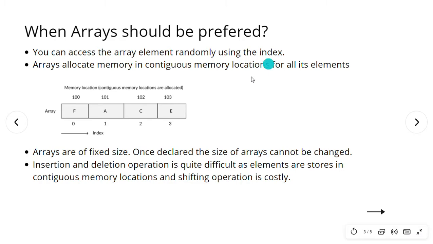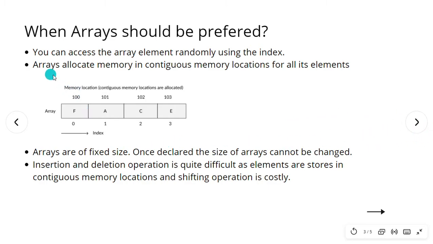As you all know, array is index based, so we can retrieve any element from an array using its index. These are the indexes. How these are stored and how we can retrieve by using this index, I will tell in the next slide.